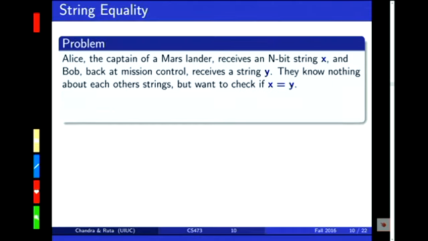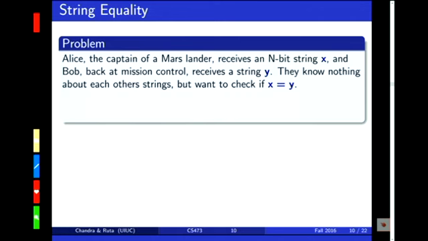Okay. Now the string equality problem. A small story behind that. Let's say we have Alice, who is a captain of a Mars lander, and she has some n-bit string x. And Bob at mission control has a string y.